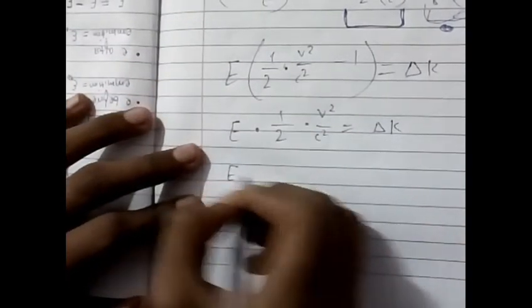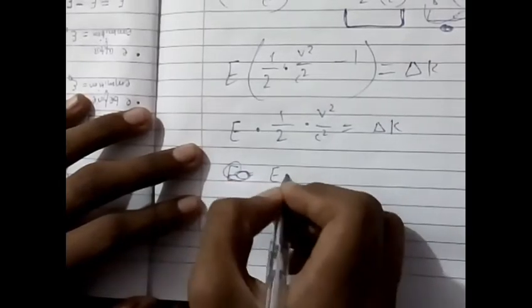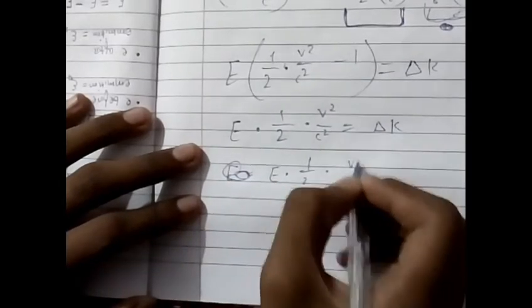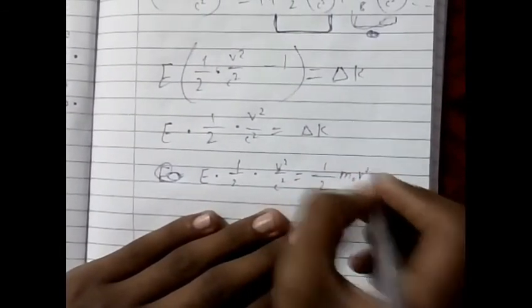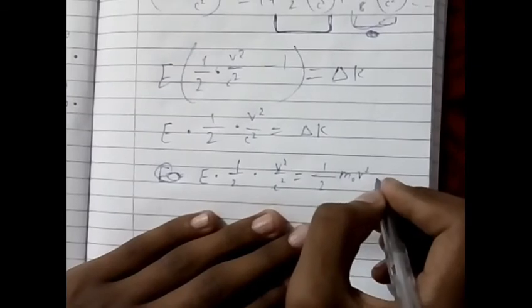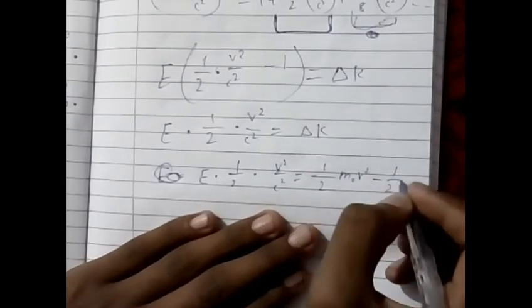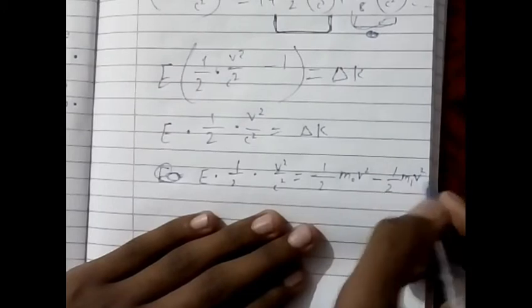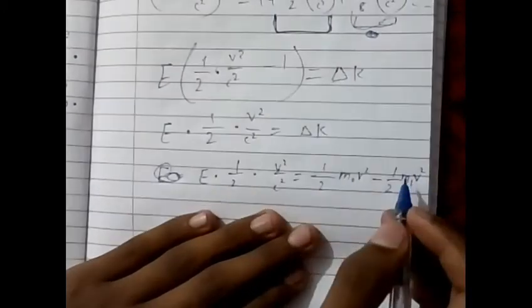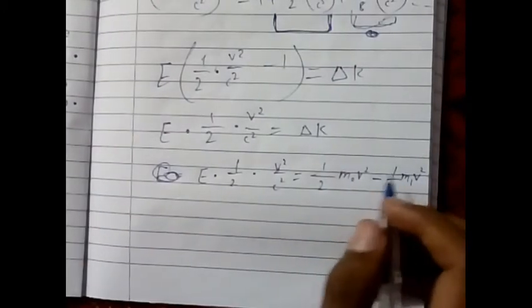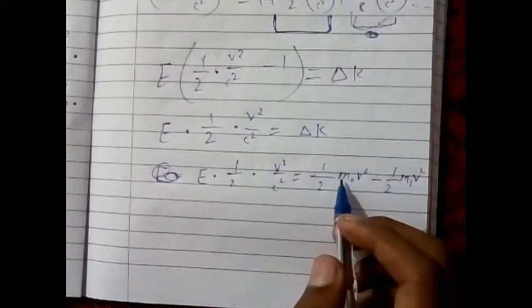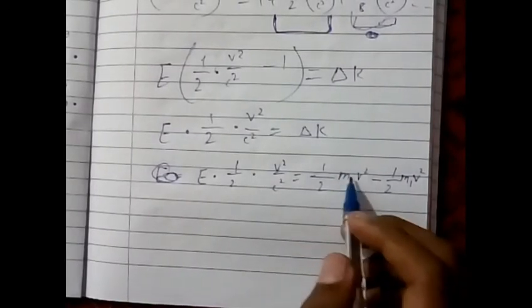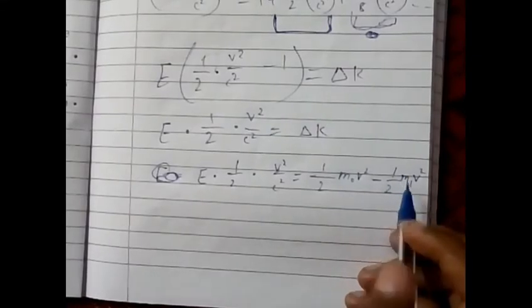So E times 1 over 2 times V square over C square equals half m naught V square minus half m1 V square. Why have we taken m naught and m1? Well, m naught is the mass before emission and m1 is the mass after emission.